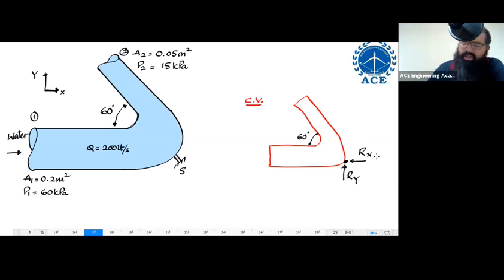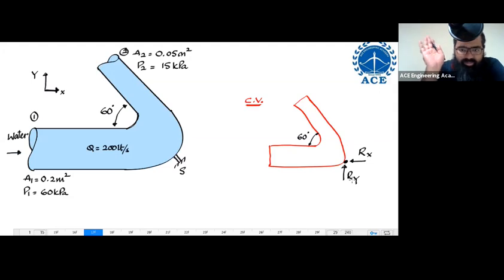Now, many times people ask me this doubt, how to take the direction of this RX and RY. I say whenever these kinds of questions are asked, you take the direction up to you only. You take left hand side or right hand side for RX, upward or downward for RY. No problem. If your direction sense is wrong, automatically the answer will correct you. Don't worry about that thing.